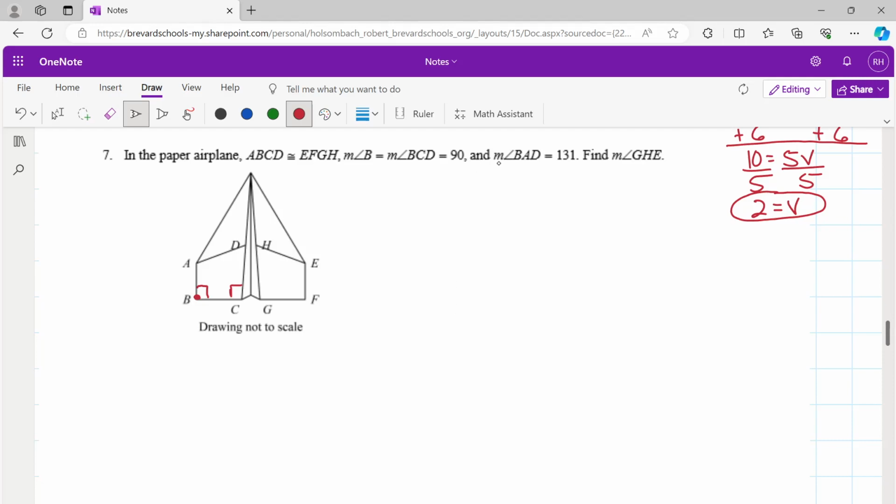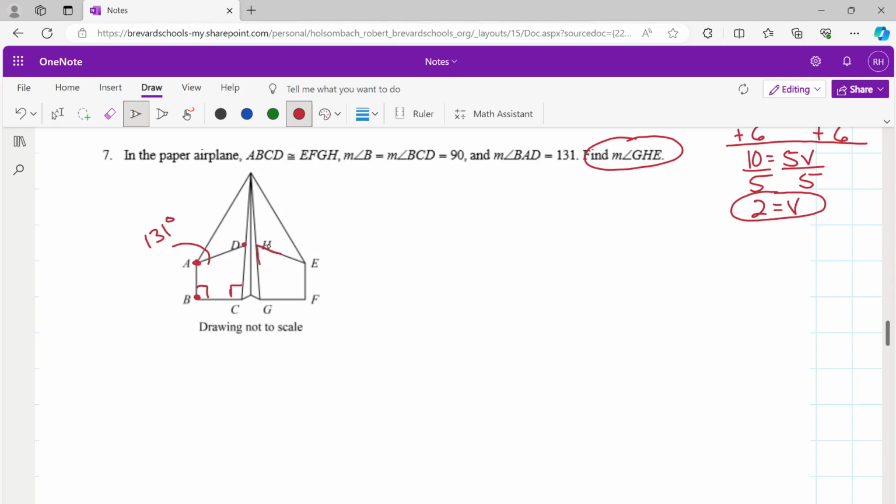The measure of angle BAD is 131. So BAD, this angle right in here, is 131 degrees. You need to find the measure of angle GHE. And GHE is this angle up here.